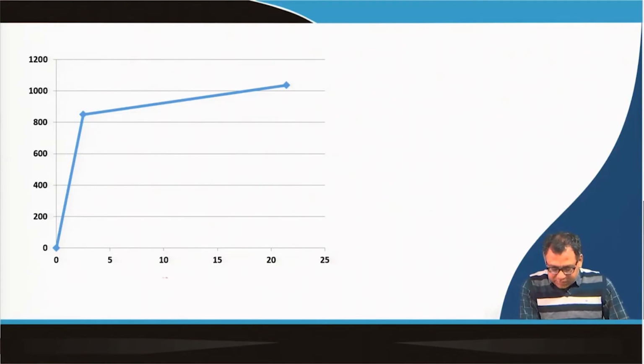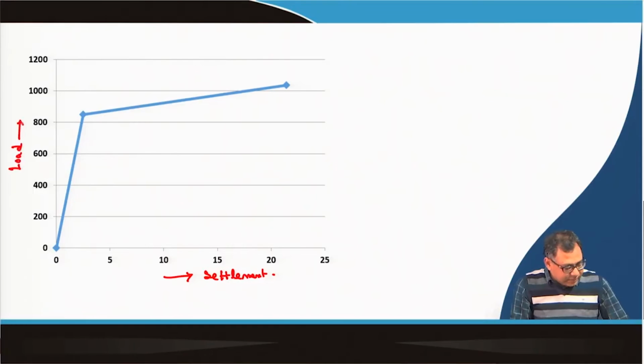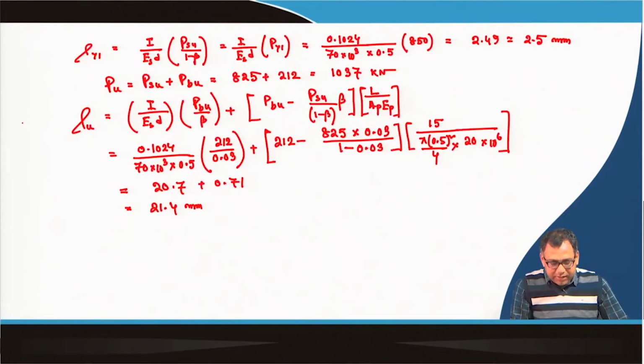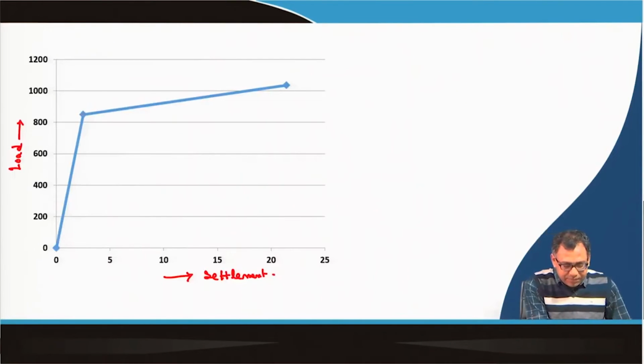Okay. So, this is the settlement and this is the load. So, you can see from here that when the friction resistance is fully mobilized, the total load is 850 and settlement is 2.5.